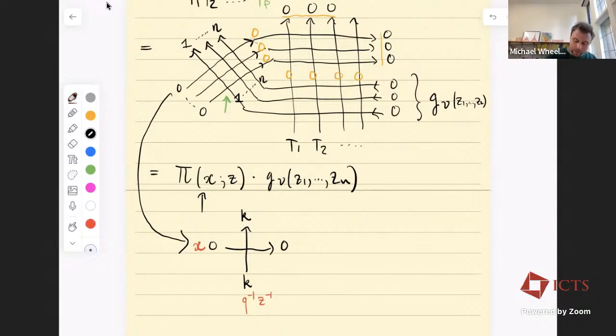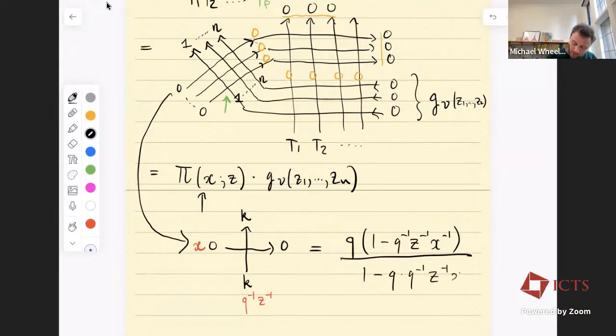So the weight of that vertex is of the form 1 minus Q inverse, Z inverse, X inverse over 1 minus Q times Q inverse, Z inverse, X inverse.